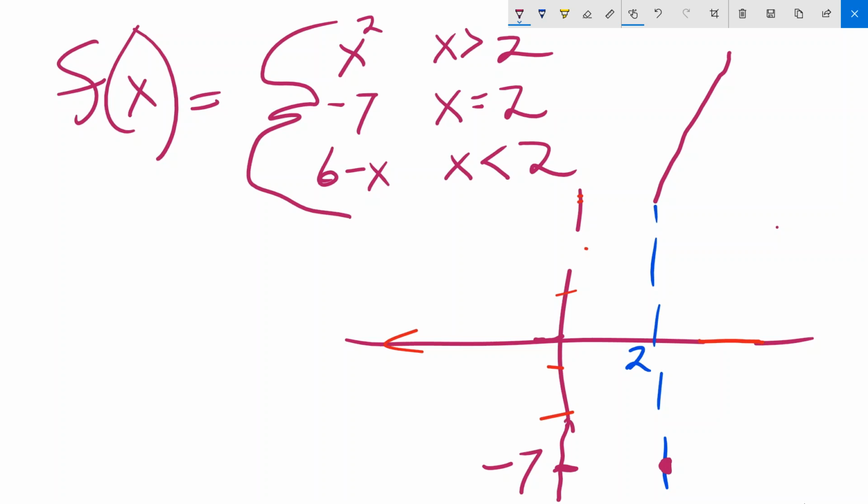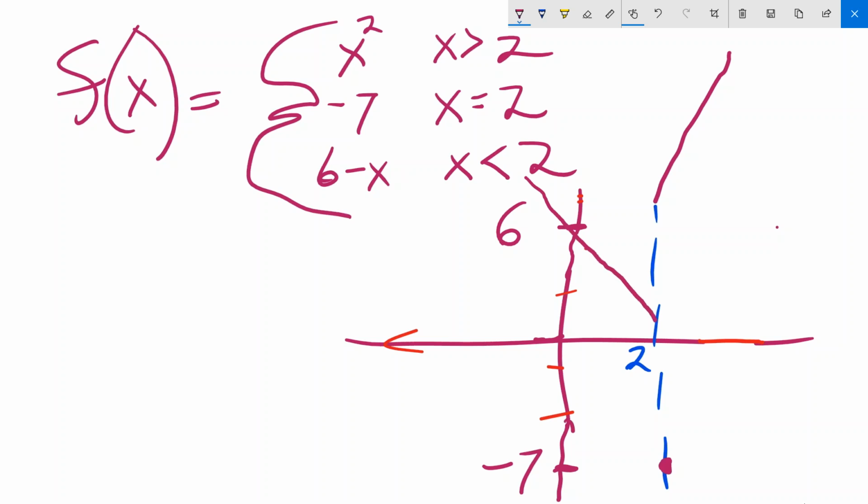And then the third function is everywhere to the left of 2. What's the slope on the bottom part of that function? Well, the y-intercept is at 6, correct? And then the slope is minus 1. So that function looks something like that.